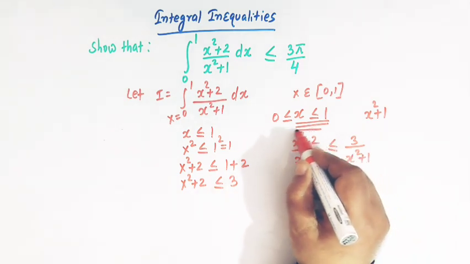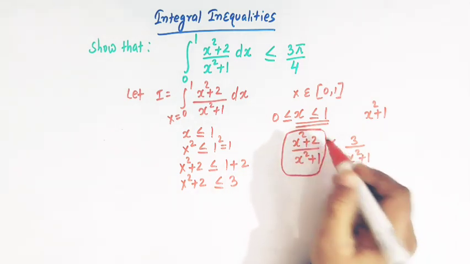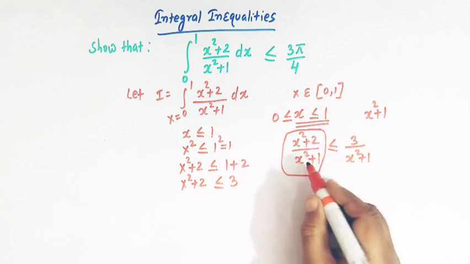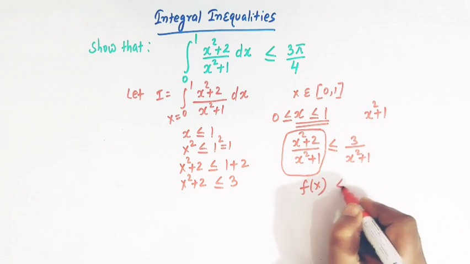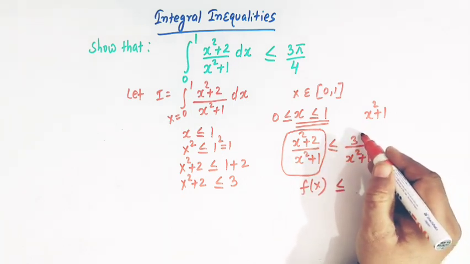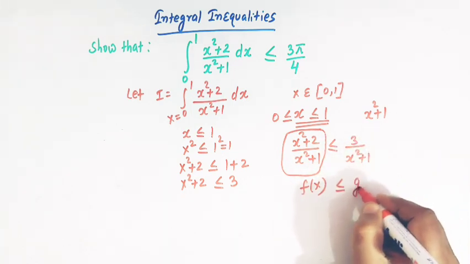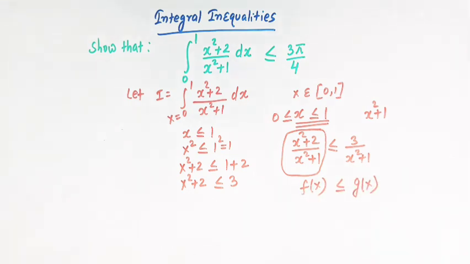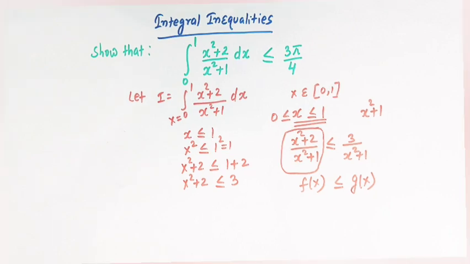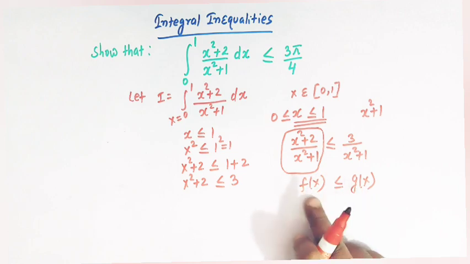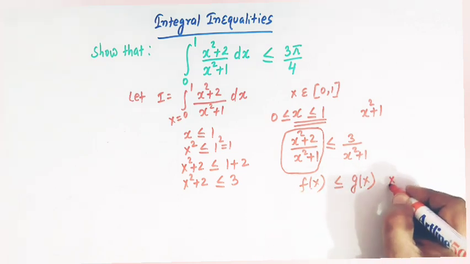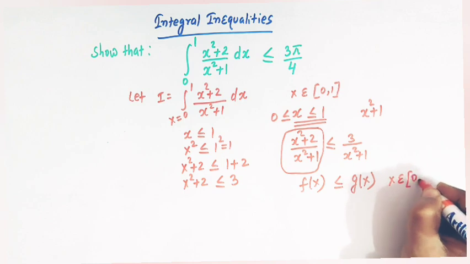Now see, here we have one function. This is a rational function, so we can denote it by f(x). And here also we have a rational function. Let us denote it by g(x). So we have two functions, f(x) and g(x), which satisfy this inequality in the interval 0 to 1.